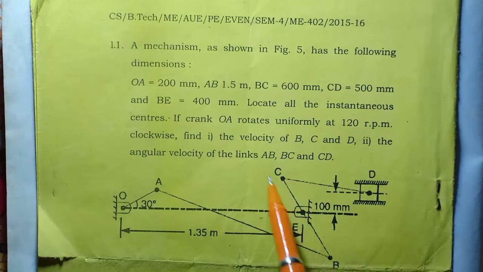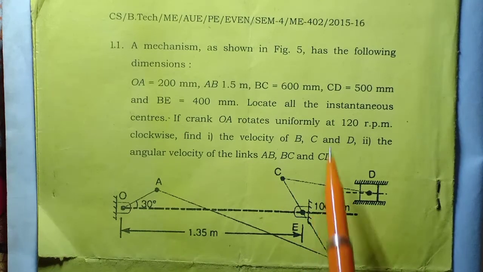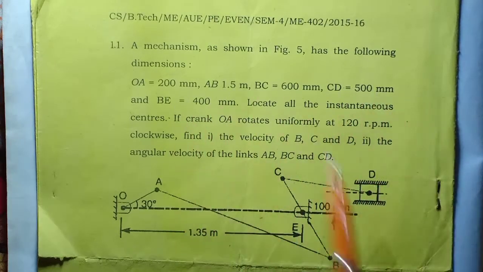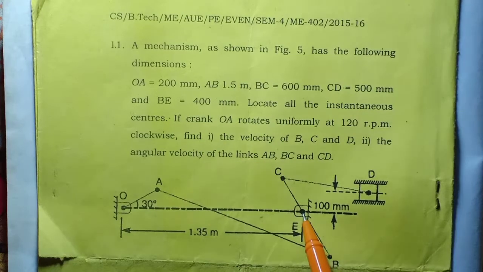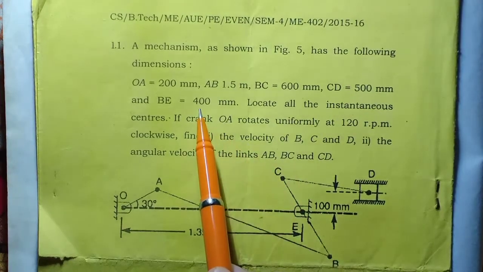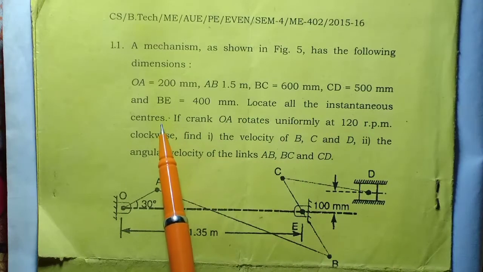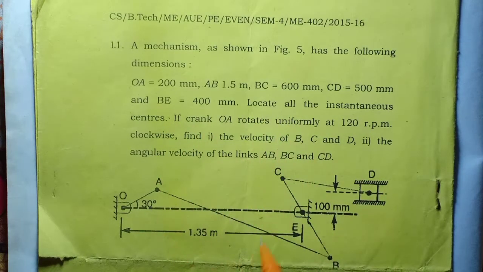BC is a single link, so B and C is a single link, and it is hinged at point E. CD is 500 mm and BE, the B to hinge point, is 400 mm. Locate all the instantaneous centers. We need to locate all the instantaneous centers, mind it.